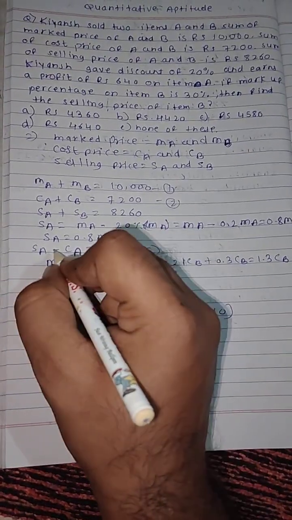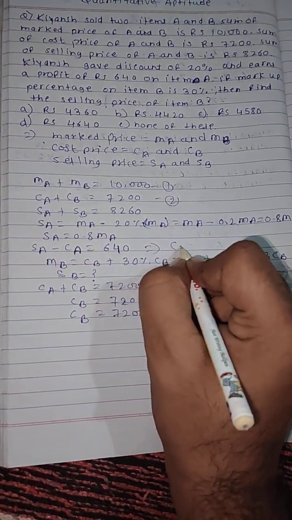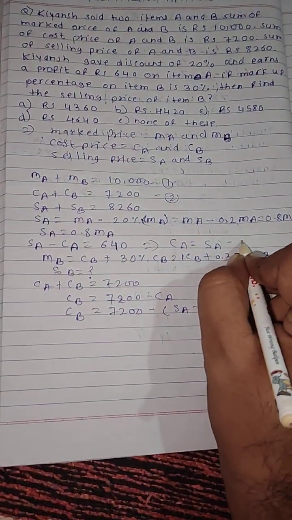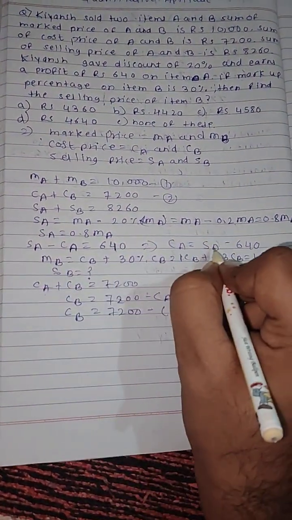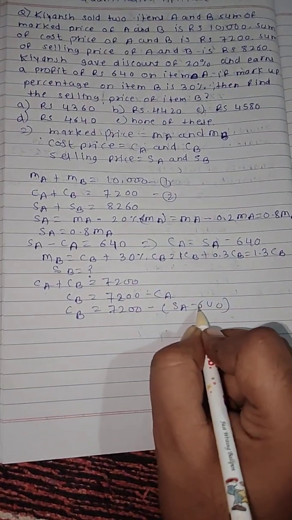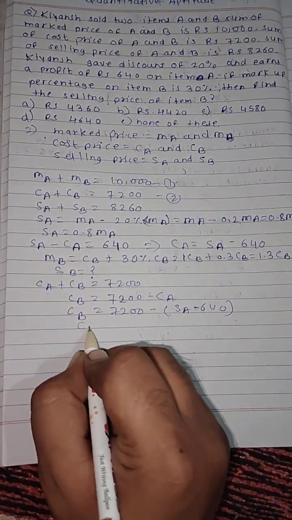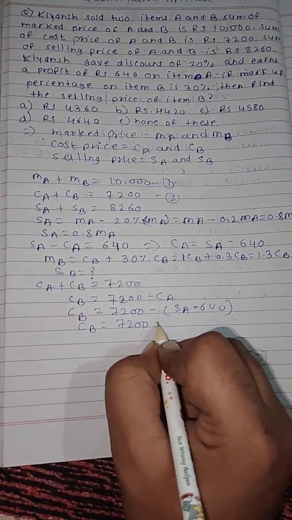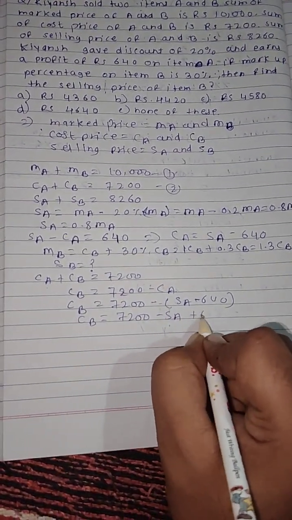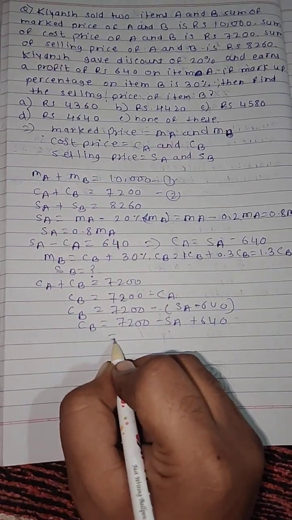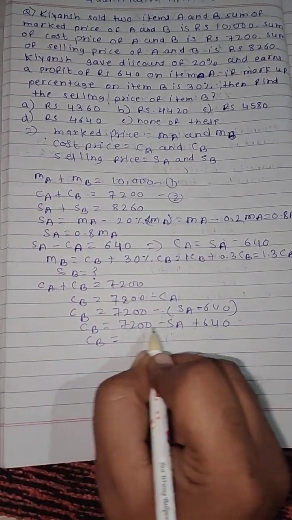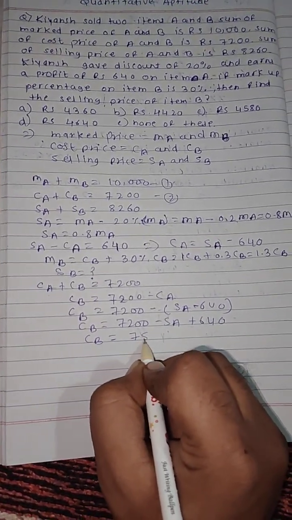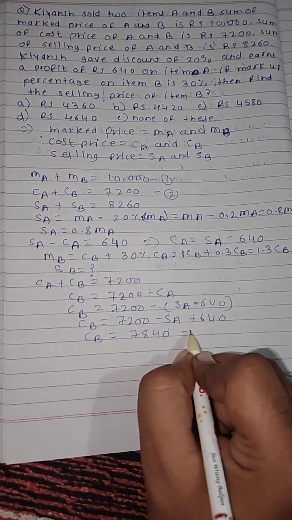So I'll just solve here. So CA we can write as SA minus 640. So I have substituted that here. So CB we can write as 7200 minus SA plus 640. Okay, so CB is, 7200 plus 640 is 7840 minus SA.